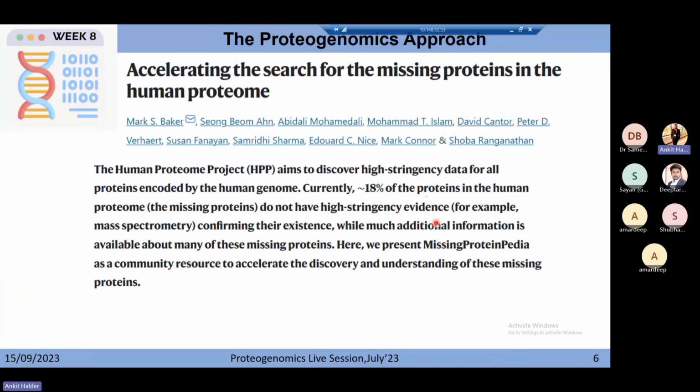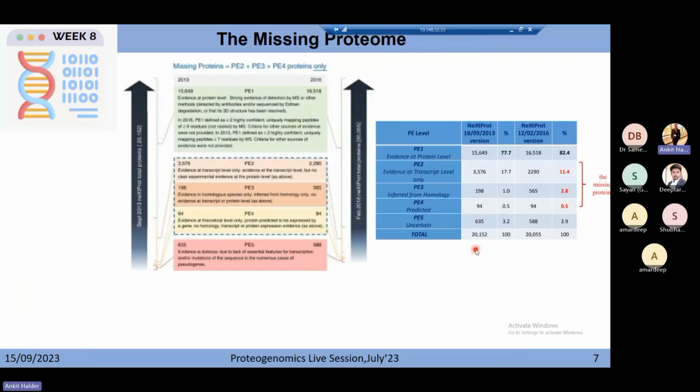Here they tried to make the missing protein PD a community resource to accelerate the discovery and understanding of those missing proteins. You can search for this article, I think it was published in Nature Communications, to see how the work went forward from missing proteins to understanding them.